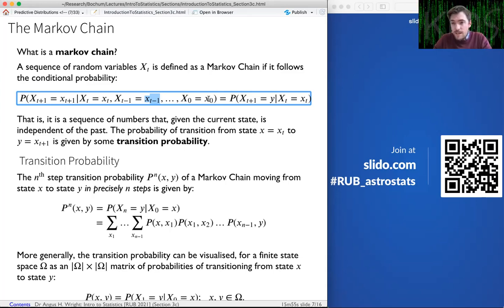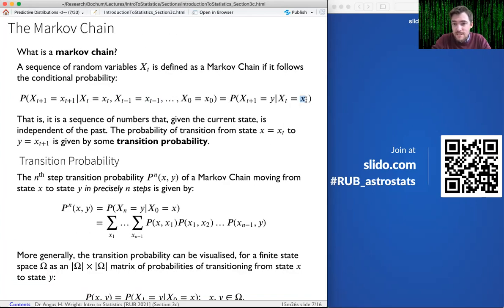The Markov chain describes a sequence of random variables that is memoryless, that has no memory of previous states except for the one that it is at right now. And so the outcome of the next step in the sequence is determined exclusively by the current location, the current place in the state space, x t. That is a Markov chain.